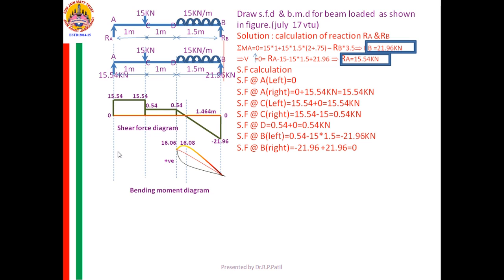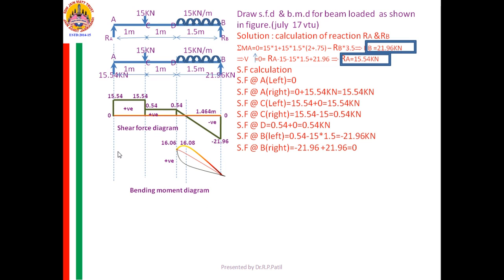Yes, this completes the SF diagram partly. An important point in the SF diagram is the point where the SF changes its sign from positive to negative or from negative to positive.